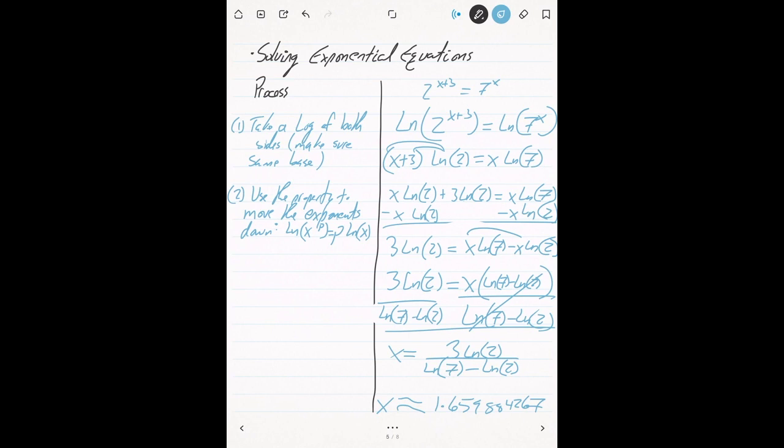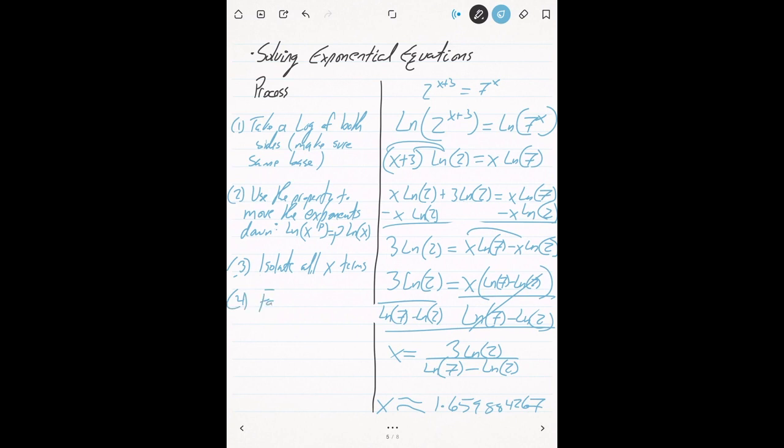So what did we do here? We took the log of both sides, and we had it the same base. Then we used the property to pull the exponent out front. Step 3, really, depends on where you go from here. It depends on what your equation is. Once you pull the exponent out front, isolate all x terms. So get all the x terms together on one side.